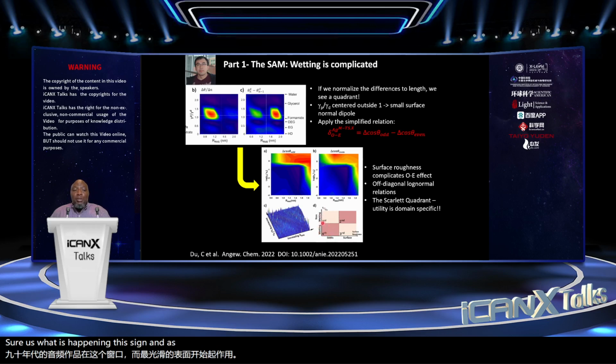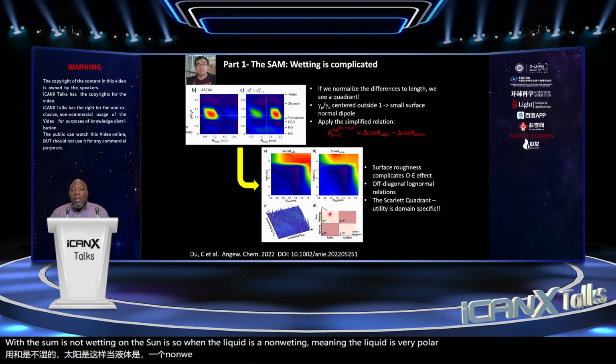And as we introduce new solvent, we also have to be aware that the behavior of that solvent is dependent on the contribution of the polar and the non-polar component. And therefore, like I showed earlier with the case of glucose, depending on what is the dominant form of interaction that you get, you can get very different responses. And that is what we see here. When the SAM is non-wetting, when the liquid is non-wetting, meaning the liquid is very polar, you get one type of behavior.